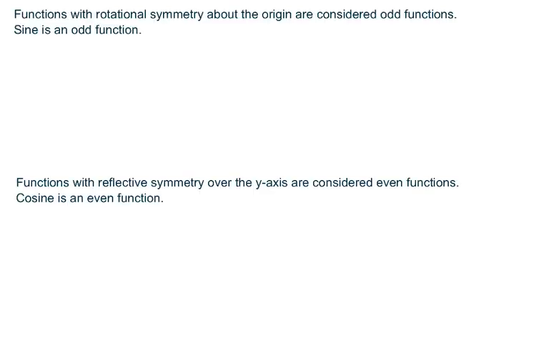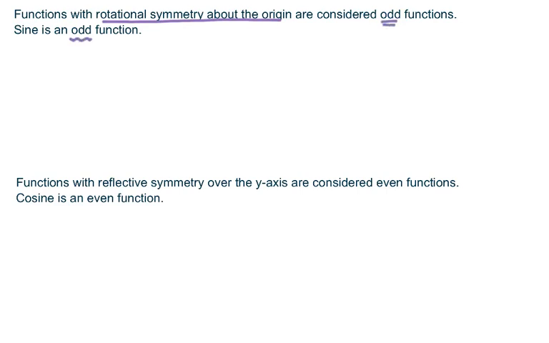I know this discussion has gotten long, but I think it's important for us to talk about both our sine and cosine graphs in the same video. Something you should remember from pre-calculus algebra is odd and even functions. If a function has rotational symmetry about the origin, we call that odd.